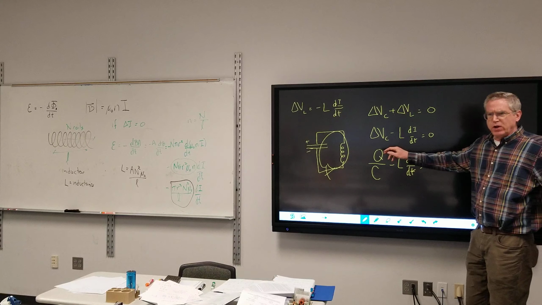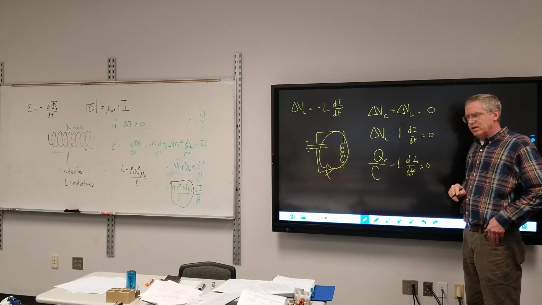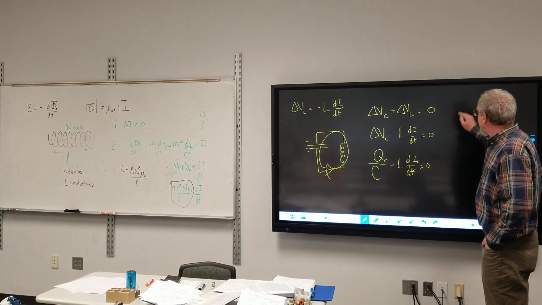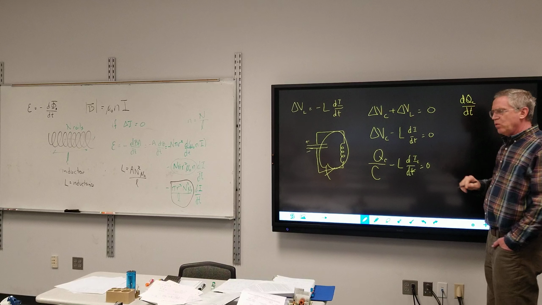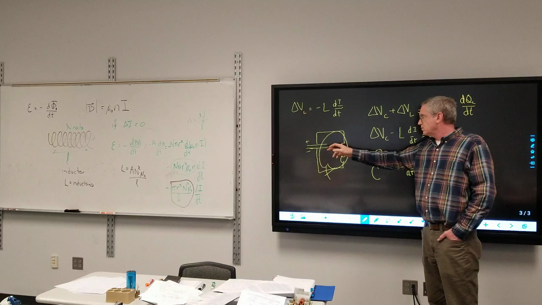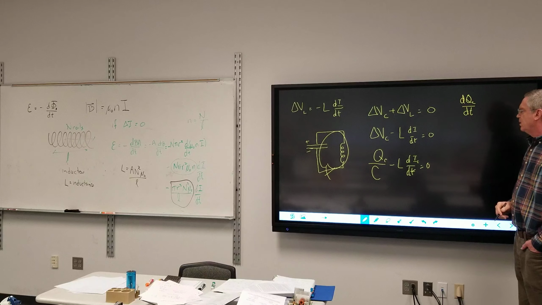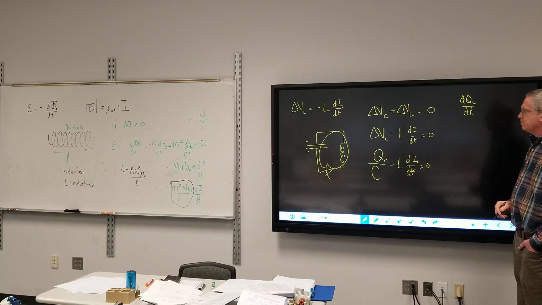This is the charge that is on the capacitor. This is the current that's flowing across the inductor. If I did dQ_C/dt, that would be the current that is flowing off of the capacitor. So we do it a little bit differently here.